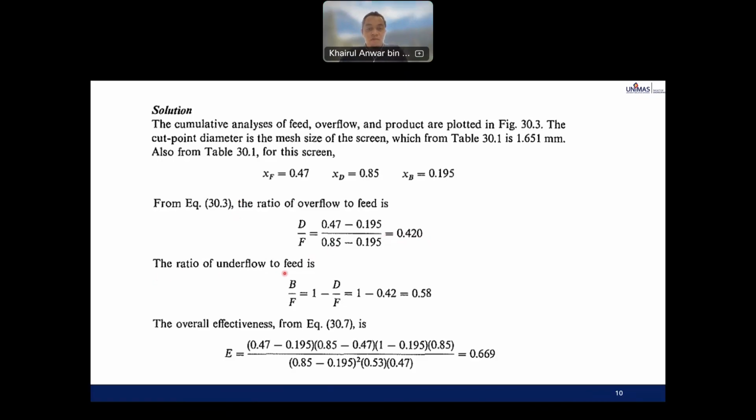The ratio of underflow to feed is 1 minus D over F. So the overall effectiveness from equation 30.7 is 0.669.